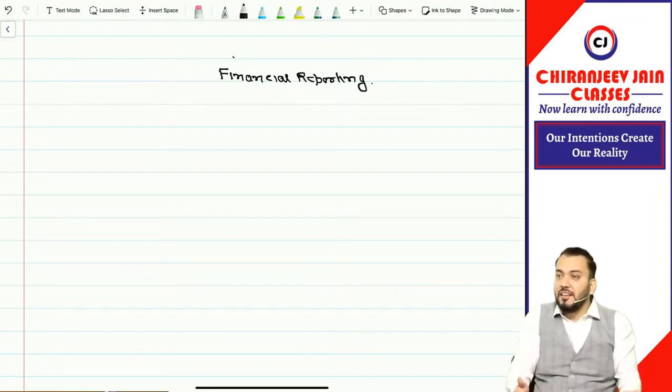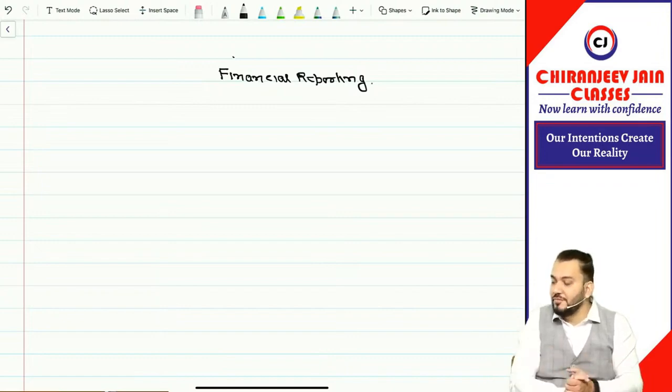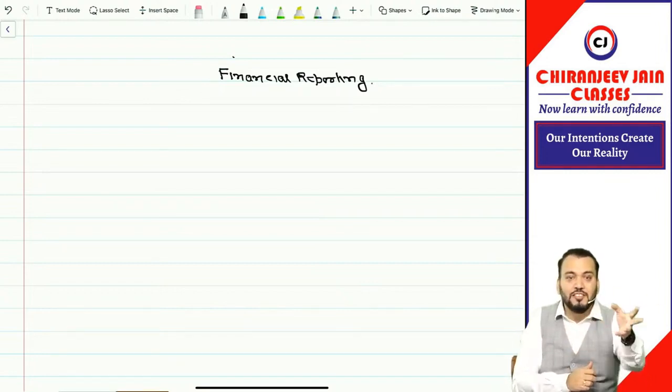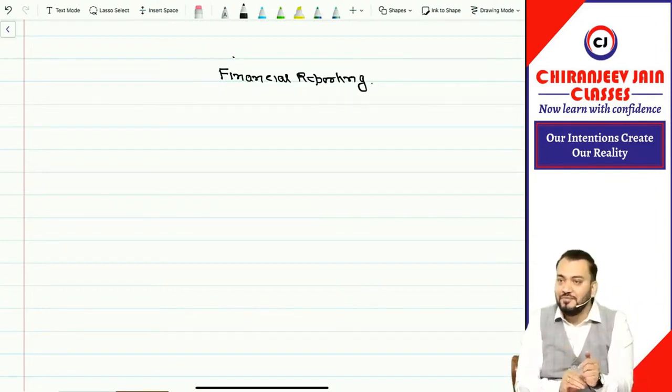Normally we say that financial reporting means accounts, but it is not accounts, it is financial reporting. One thing is clear, that it is different from accounting or advanced accounting, whatever you have done in CA Inter. In CA Inter, you have done only the working part.